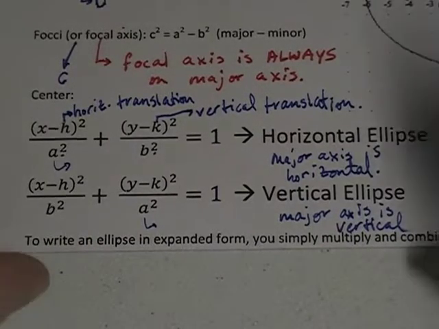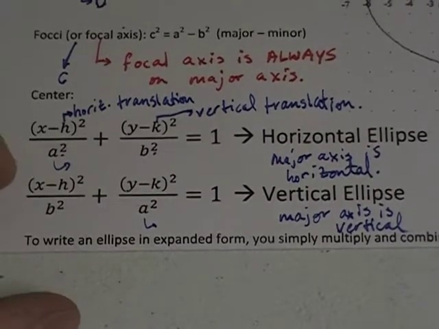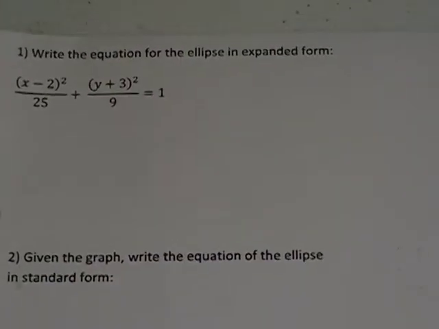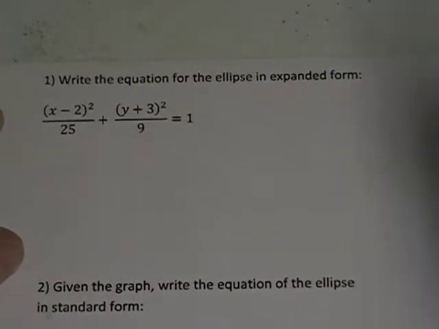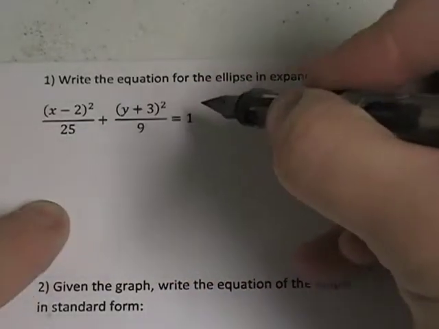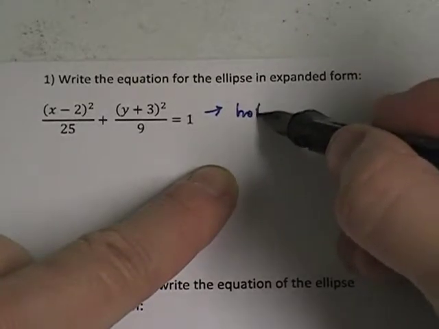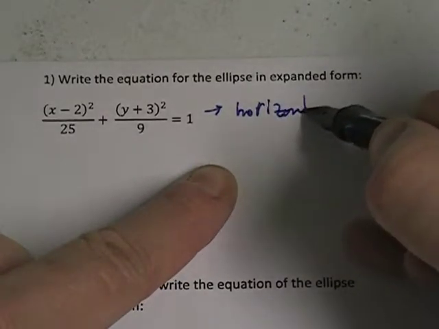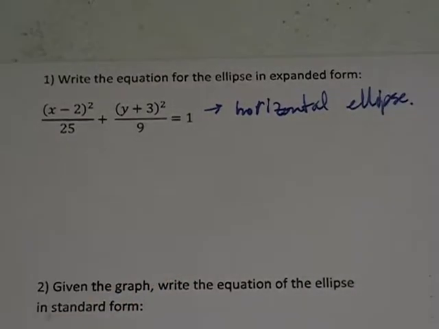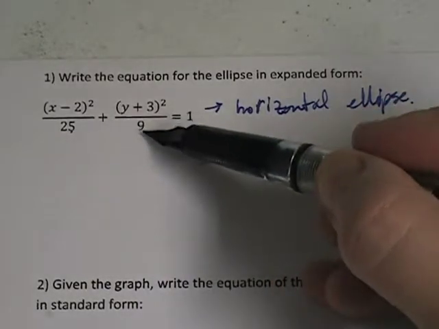Okay? So let's start with, what if we wanted to put an ellipse not in center form, but in expanded form? Okay, so I'm going to show you how to do that. So if you ever see the question, write the equation for this ellipse in expanded form. Let's start by saying this is a horizontal ellipse, and we know that because this term is bigger than this term.